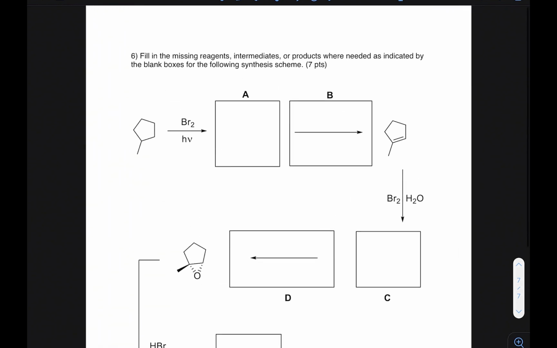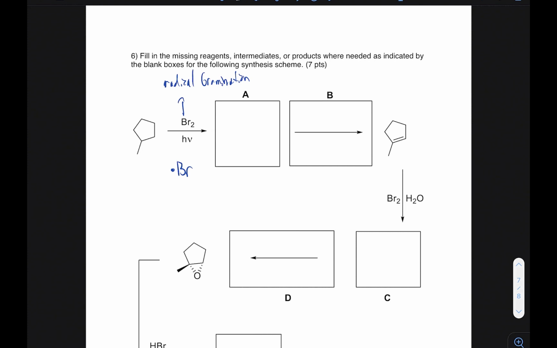So for A here, we have this reaction taking place where we're doing this radical bromination. Meaning we're starting from an alkane and making an alkyl halide. When we're doing this radical reaction, typically seen with Br2 and light, we're generating this bromine radical. There's a radical generating on the alkane as well.